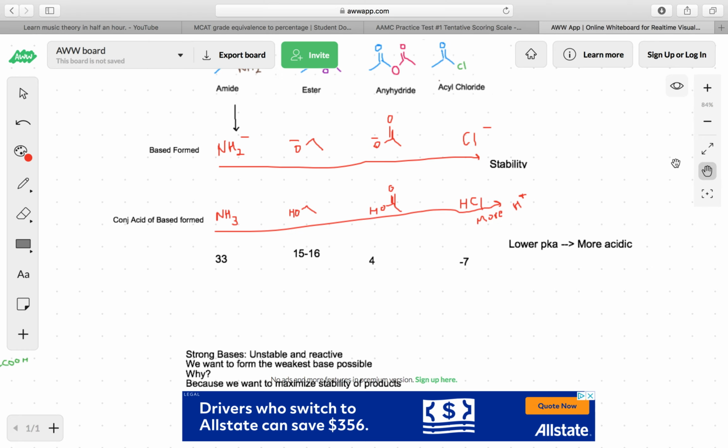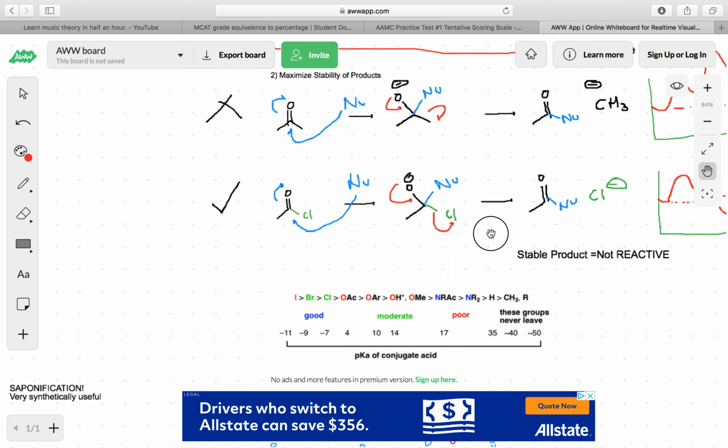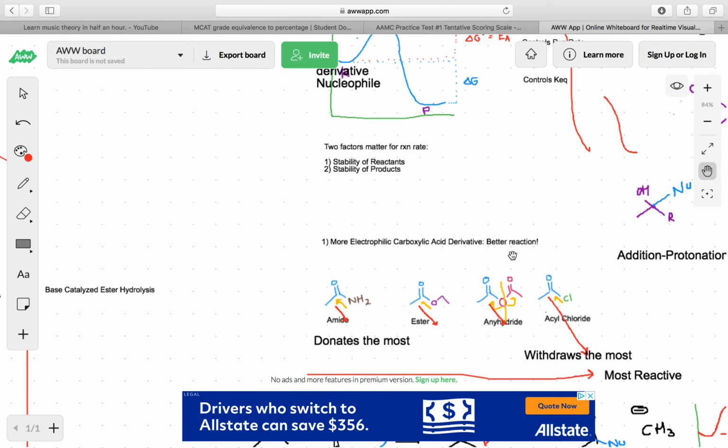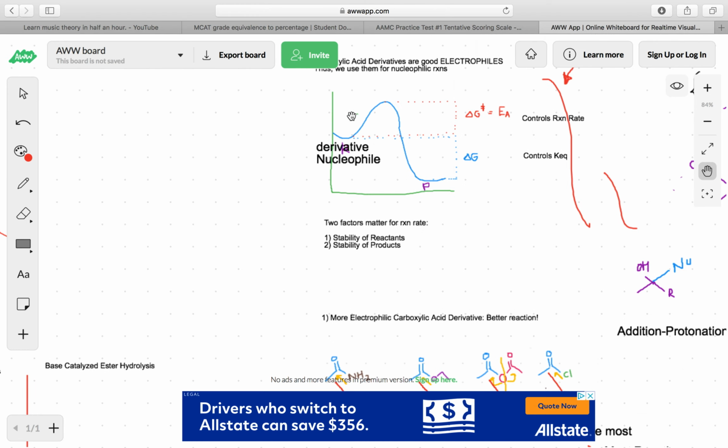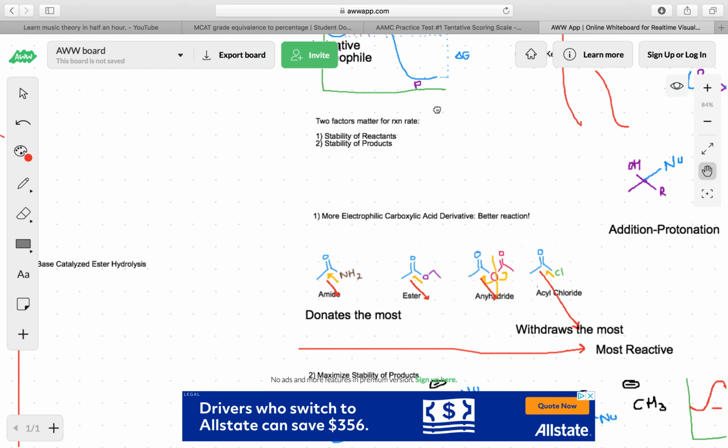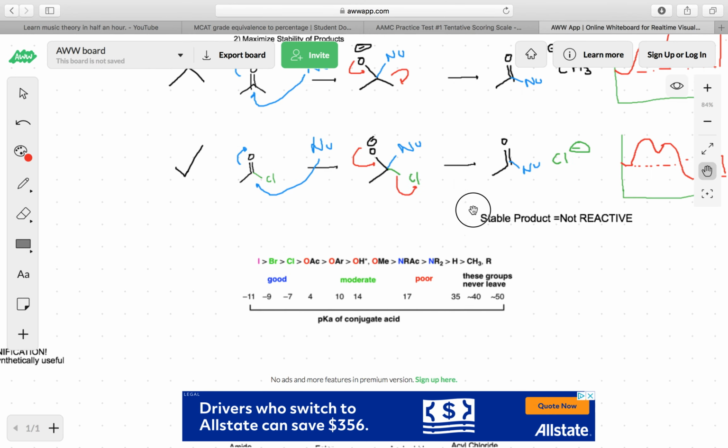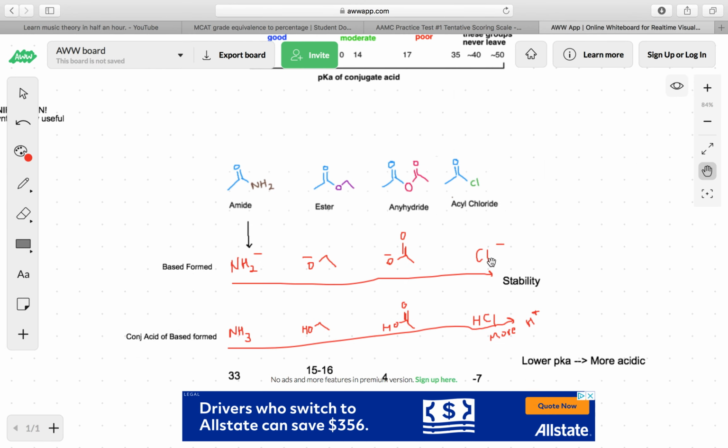And remember, from our reaction coordinate diagram, our RC diagram, we want to push up our reactants and pull down our products to create the biggest roller coaster possible. And part of pushing down the products is we want to create the most stable thing. So here, Cl- is the most stable side product you can create.